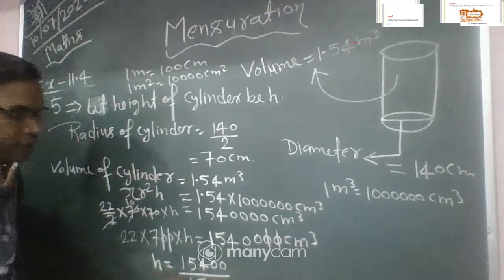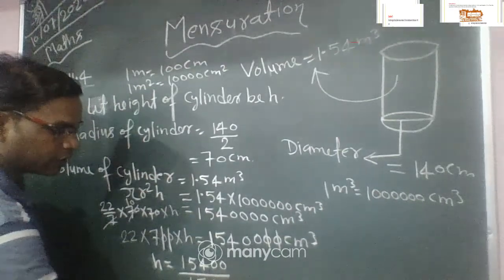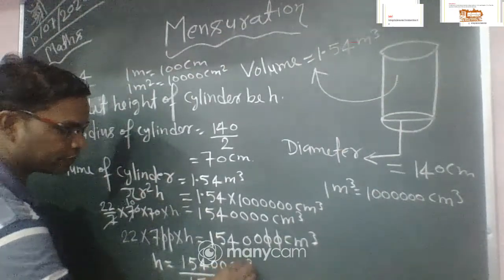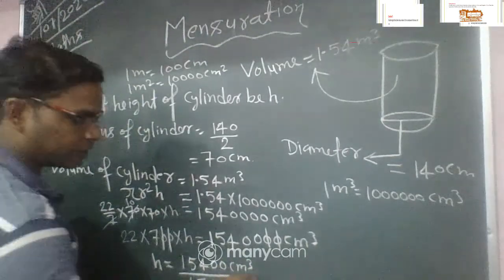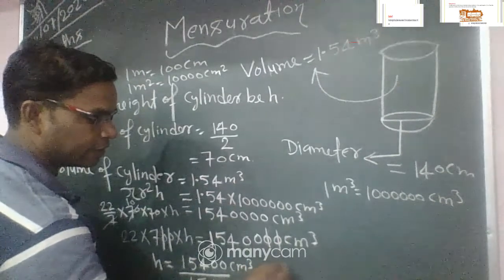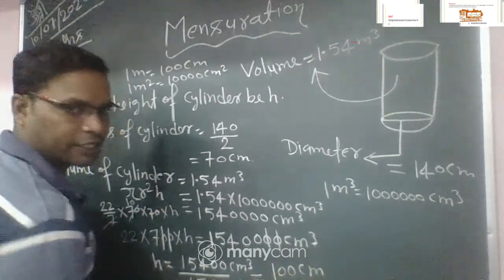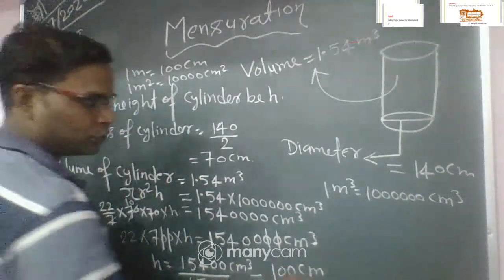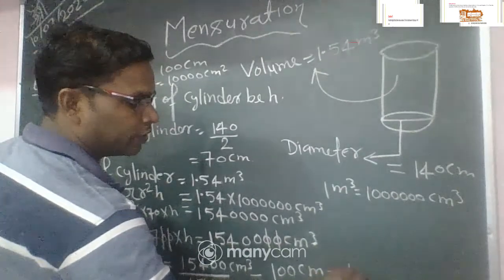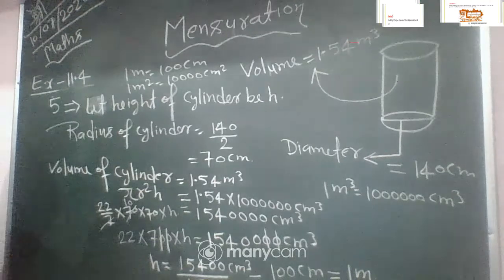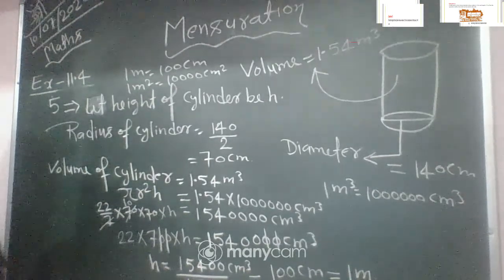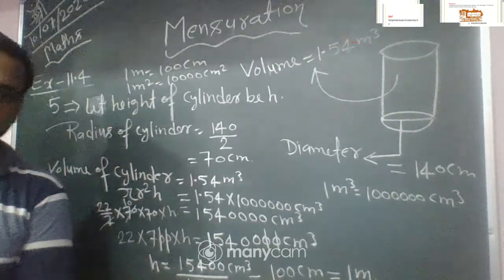If you divide, this is centimeter square and this is centimeter cube. Okay. So if you divide it, we obtain here 100 centimeters. It means that we find 1 meter. So height of cylinder is 1 meter. Okay.